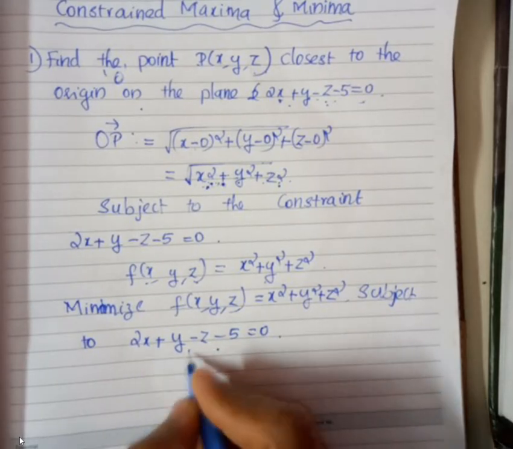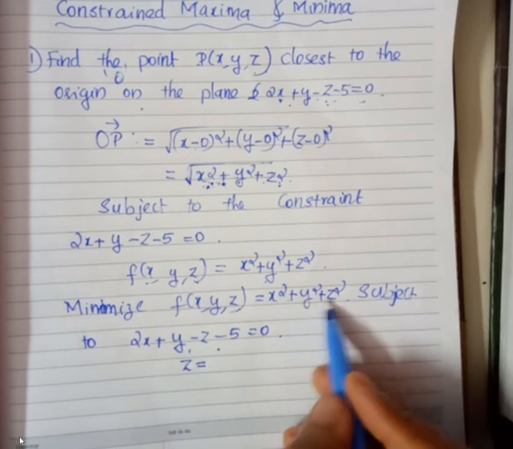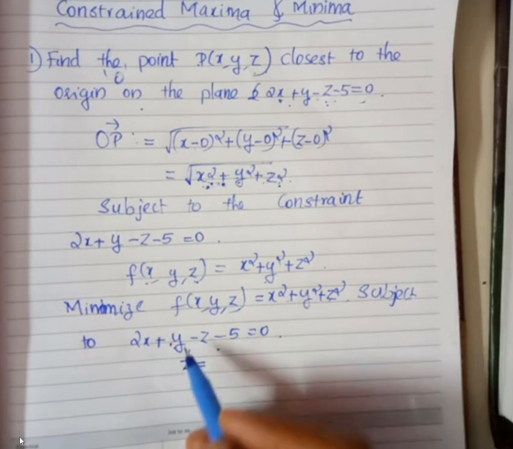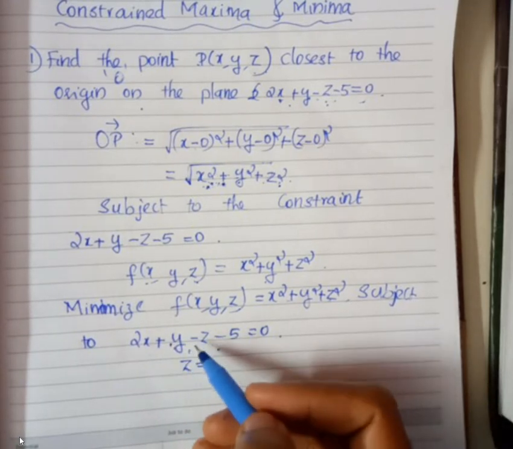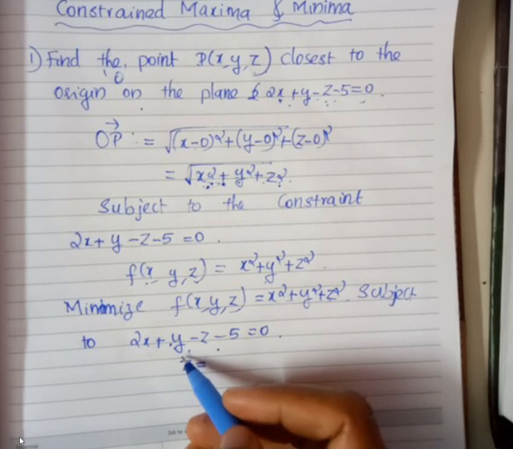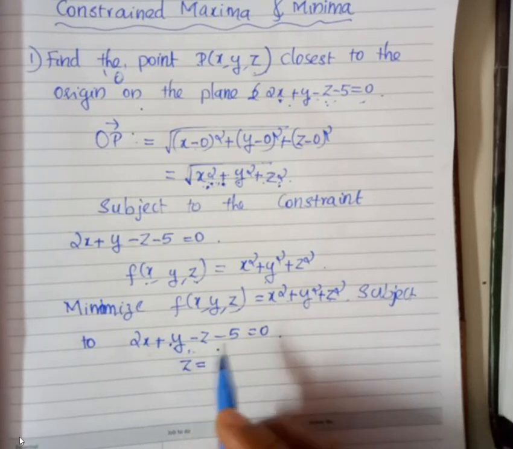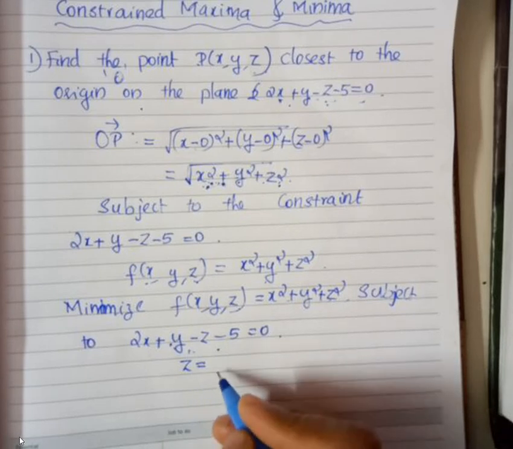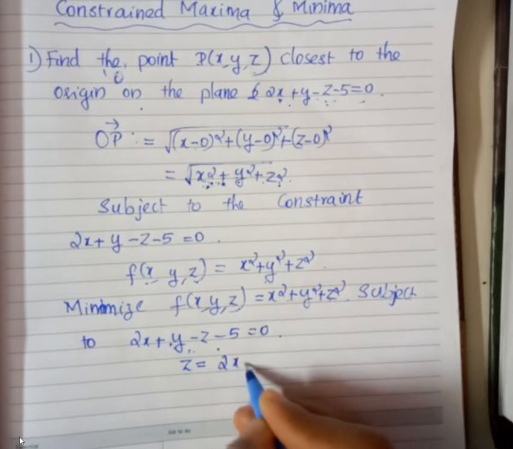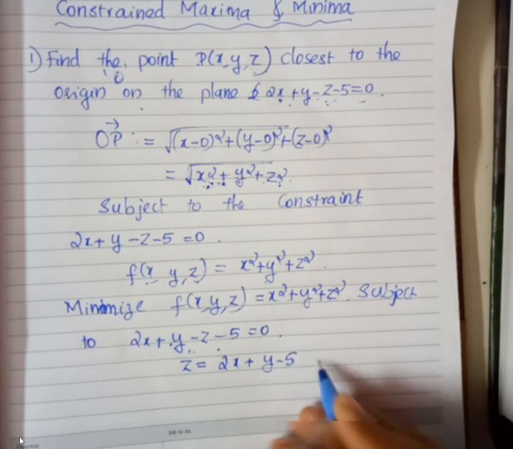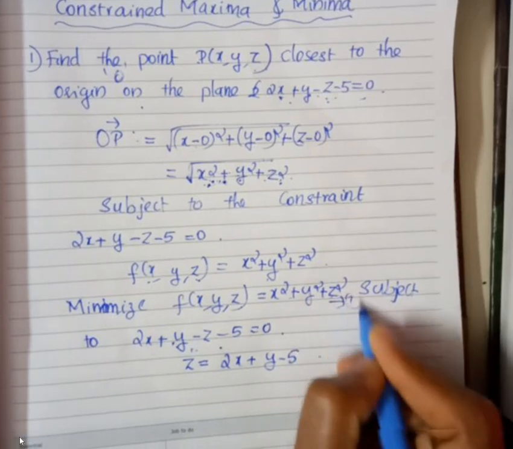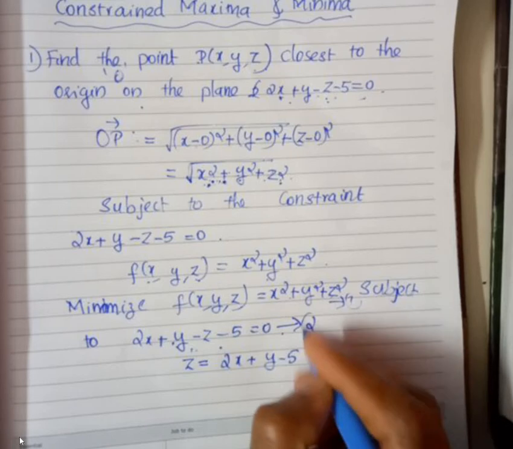So from this constraint I can write z. This is actually a 3 variable function, and we have only studied the 2 variable function so far. So z is equal to 2x plus y minus 5. Okay, this is our first equation and this is our second equation.